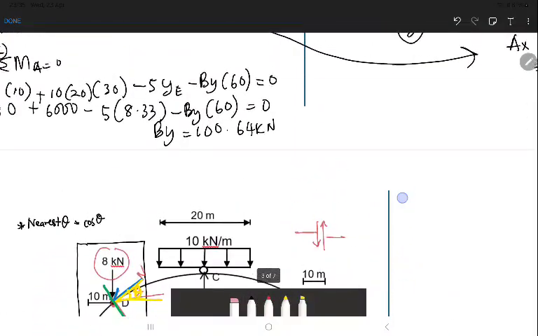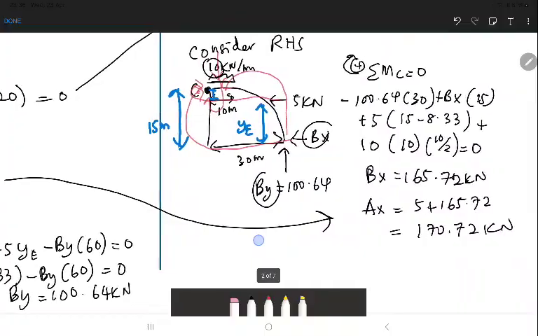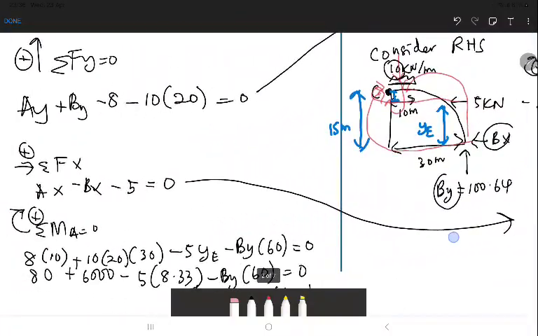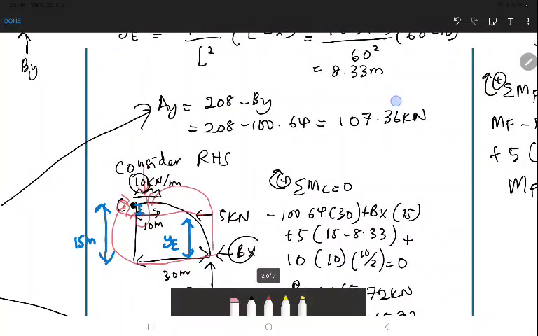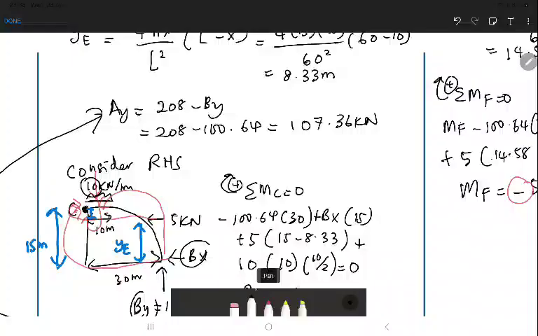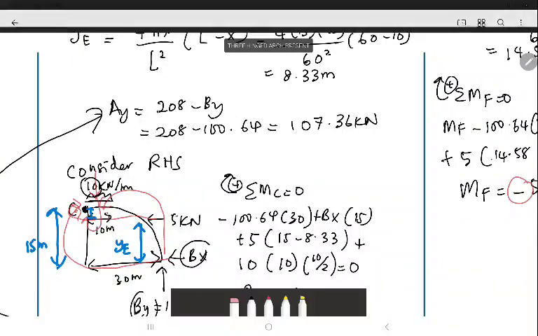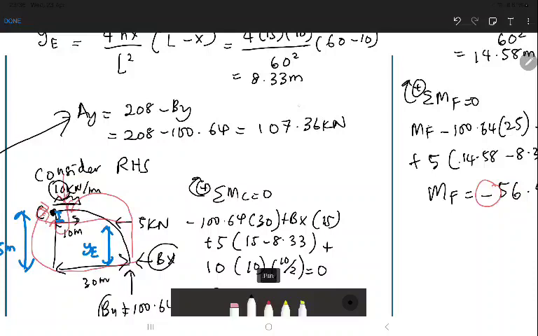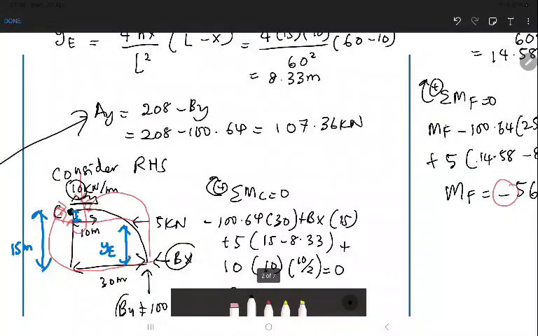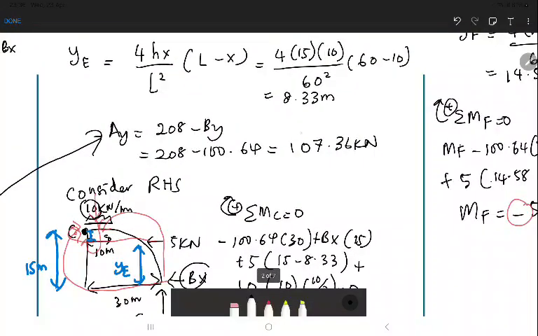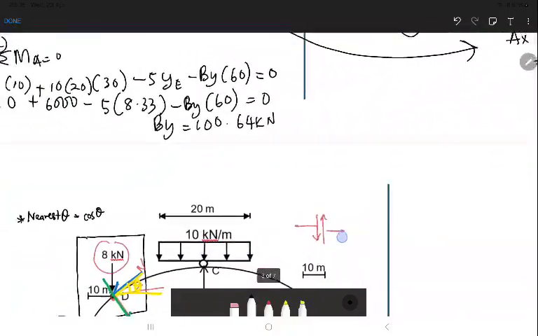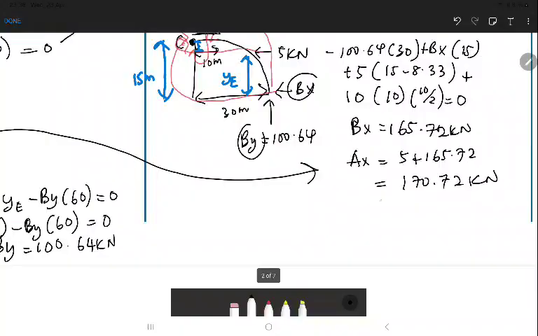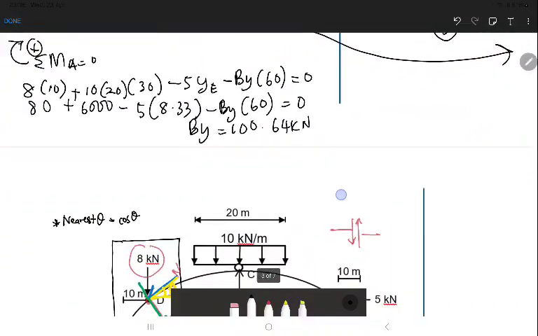So in this question, Ay is 107. And then Ax is 170.7.